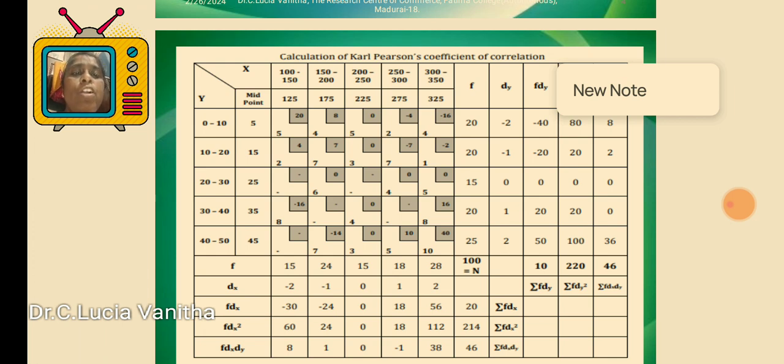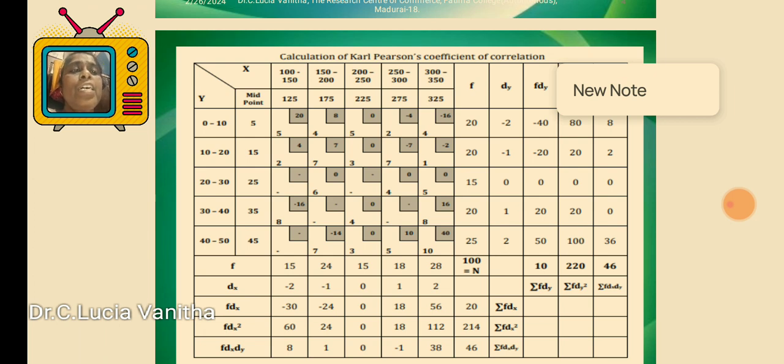Okay, now we have got dx and dy. To get f dx or f dy, multiply by the f column, that's all, very simple. Then get sigma f dx and sigma f dy, adding what you have just calculated.